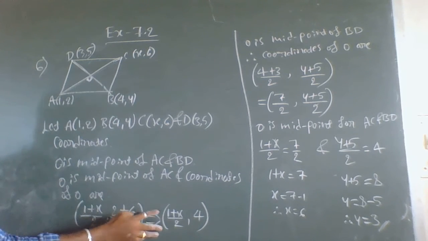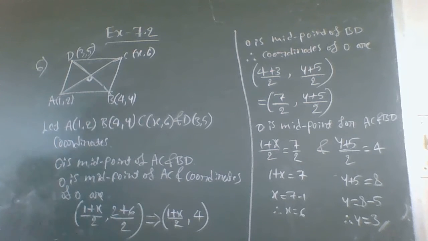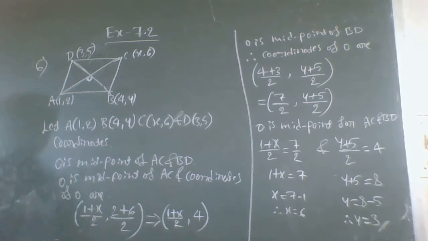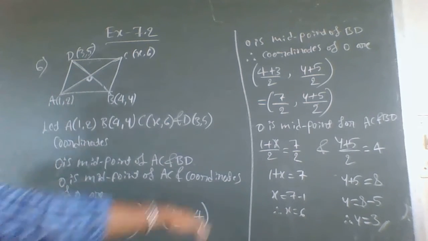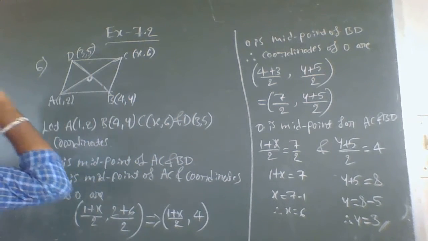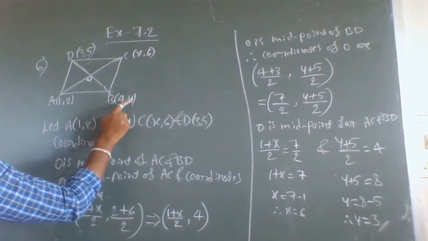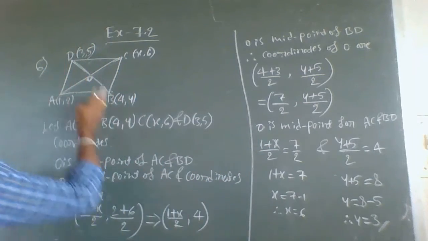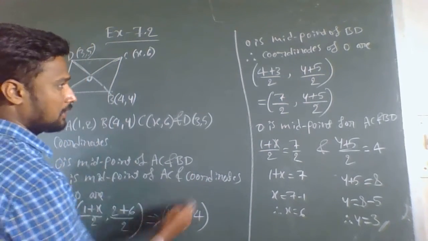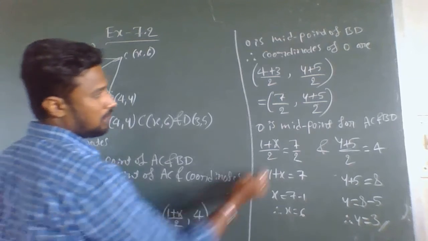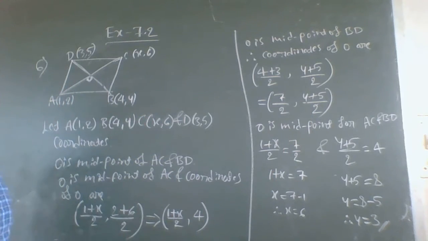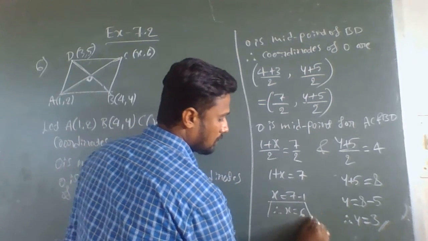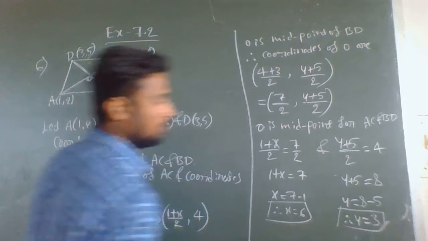So here we get 1 plus x by 2 comma 4. Like that only, again we will consider diagonal BD. So O is midpoint for BD also. Therefore what we will get? 4 plus 3 by 2, y plus 5 by 2. So now this O is midpoint for both the diagonals, therefore these x coordinates are equal and these y coordinates are also equal. So now by using this, what we got? x and y value. Okay.